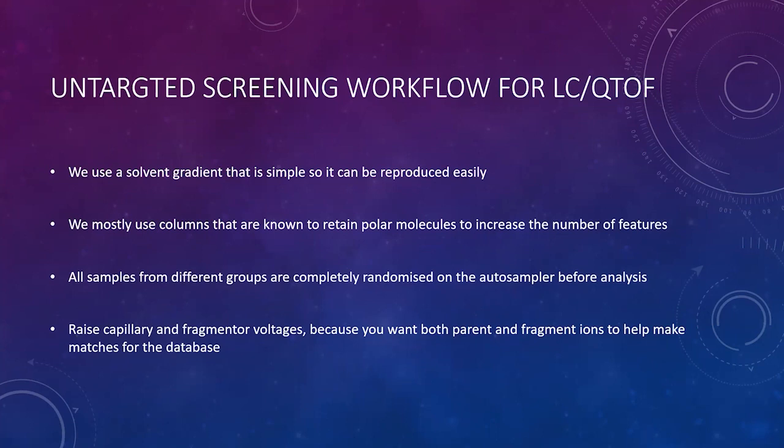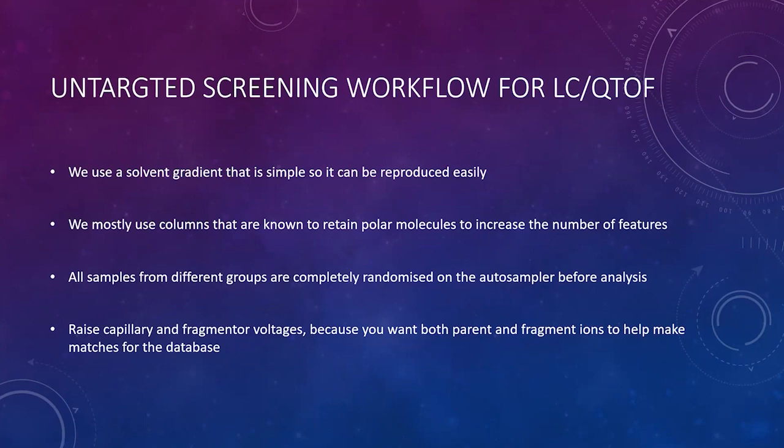This is not as important as in metabolomics, but we also randomize samples and QC samples on the autosampler to make sure that our matrix has not somehow made the mass spec or the column dirty.